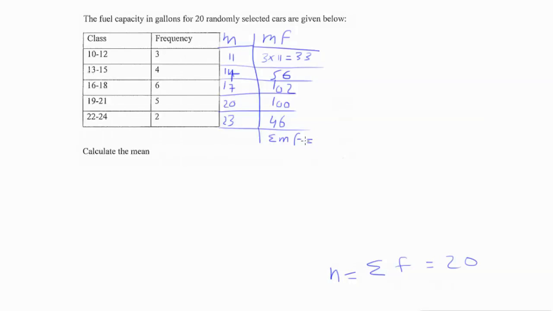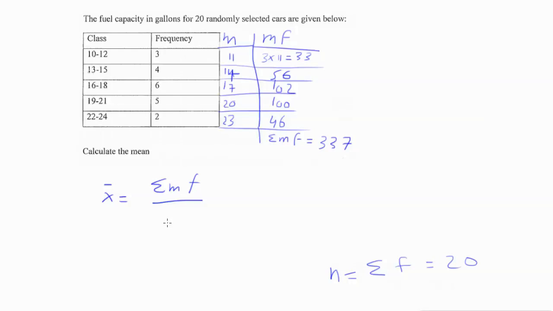So when you add them all, it will be 337. And that's it, we added the values approximately. So the mean in this case, which is a sample mean, is sigma mf, because I don't have the original data, so I just multiply the midpoint of every class by its frequency, and then I get the sum at the end.